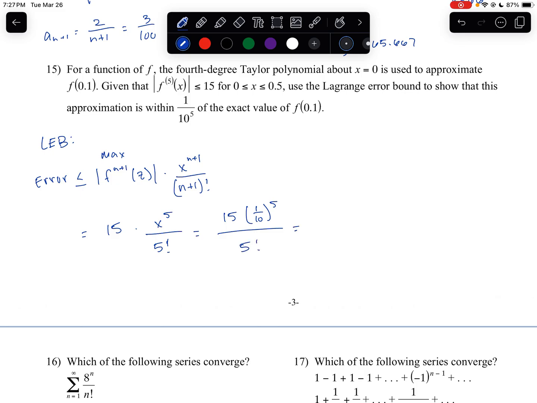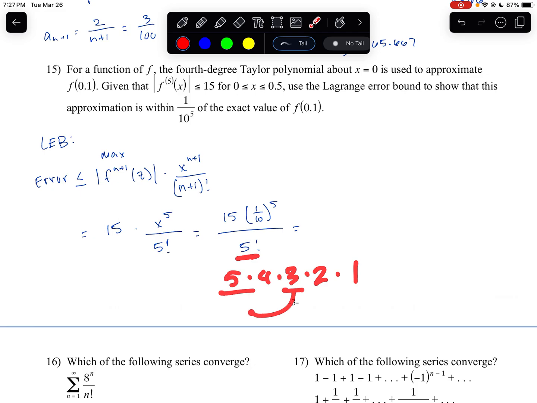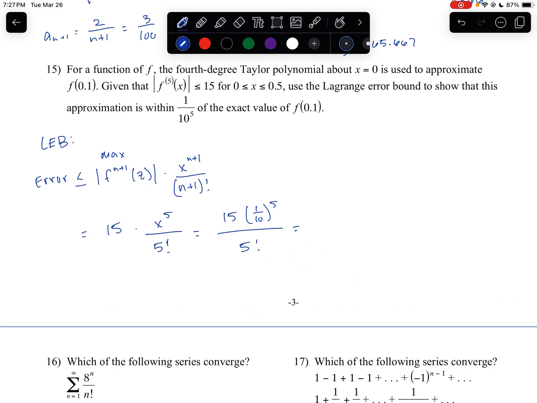Well, this right here is 5 times 4 times 3 times 2 times 1. These terms right here multiply to be 15. These terms multiply to be 8. So this will cancel with the 15. I'm also going to put that 10 to the fifth in the denominator here, times 8.